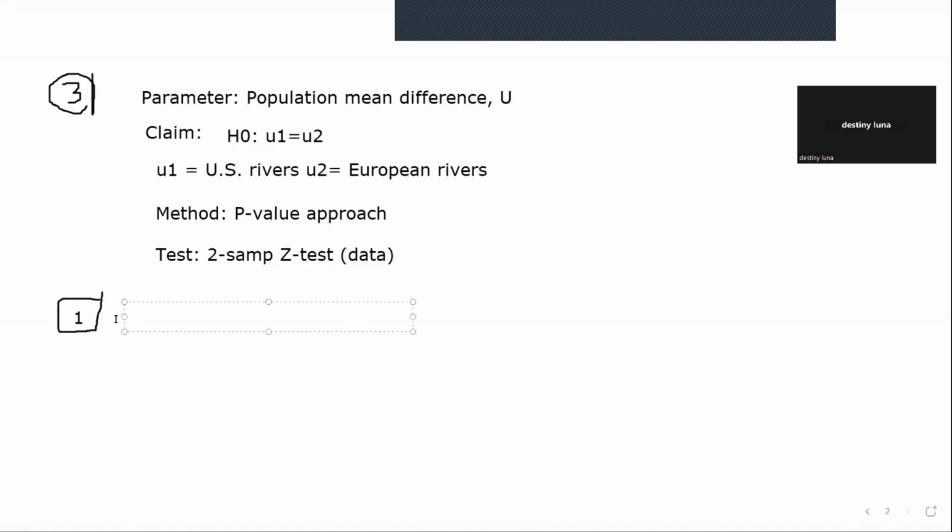So our step one was to write our hypotheses.